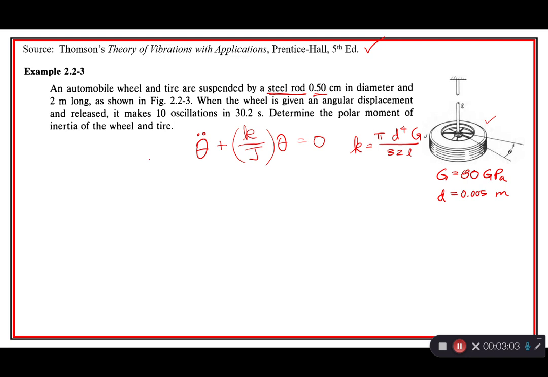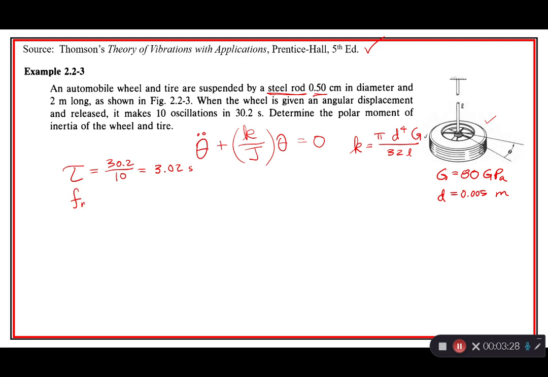Okay, so we start off. They give us the number of oscillations, so the period of one oscillation is going to be 30.2 over 10, because there's 10 oscillations and they've timed it. This is really what you would do if you were physically able to measure.